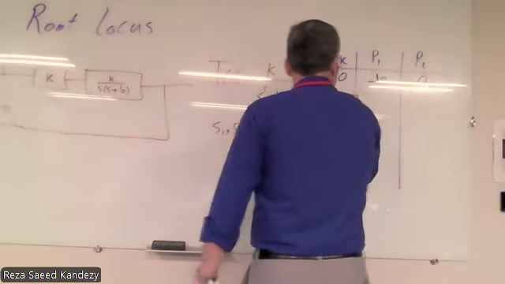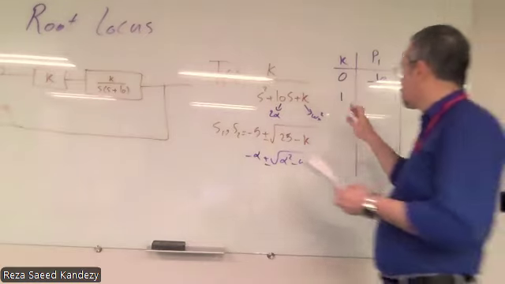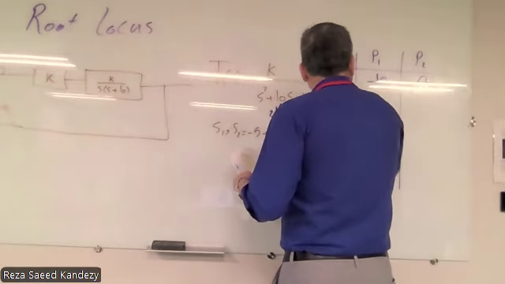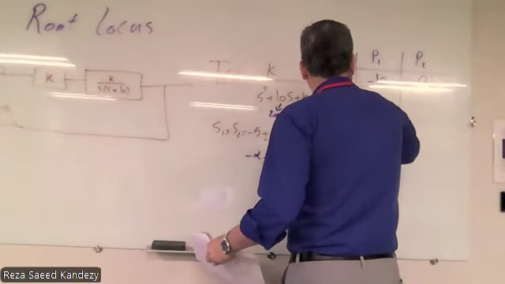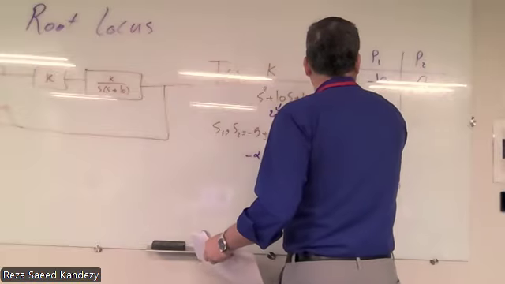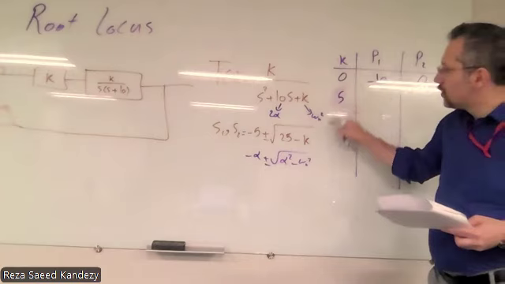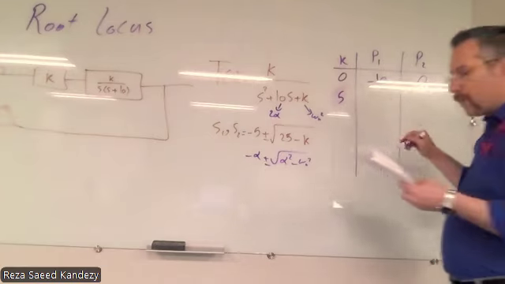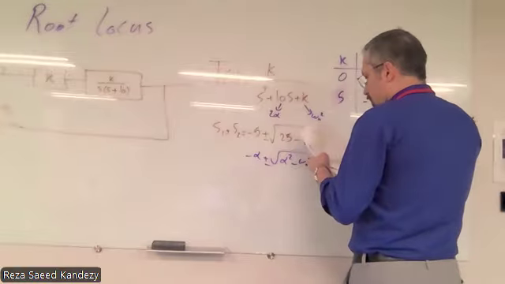If k changes, let's go for 5, I wanted to be consistent because I have a calculation for this. If k is 5, then my poles would change to minus 9.47 and minus 0.53. You can do the math.